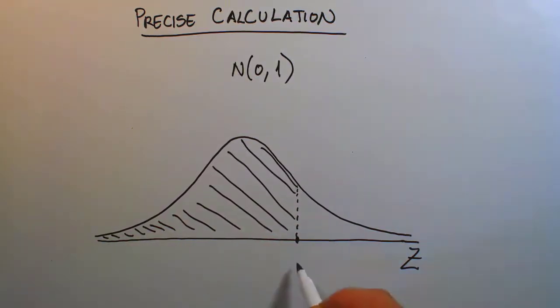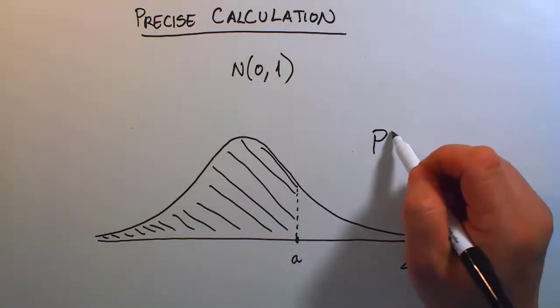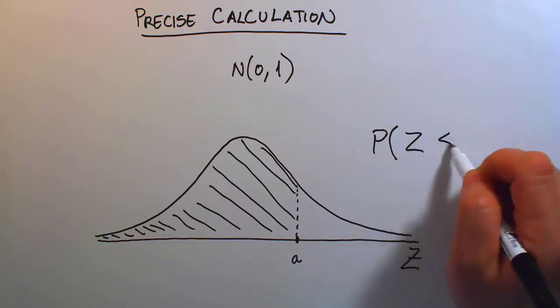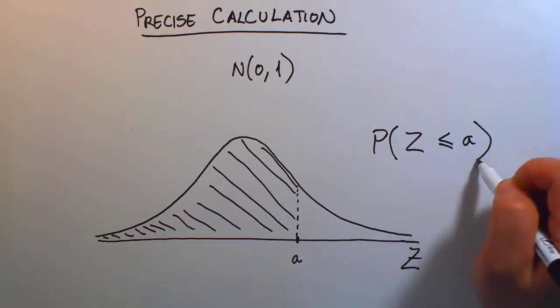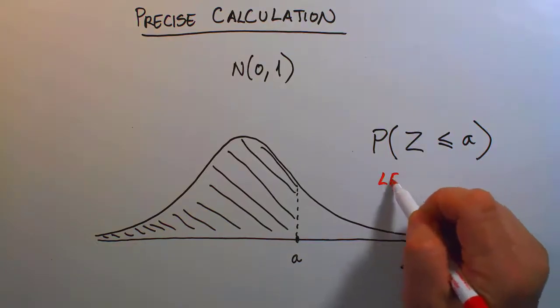Let's call this value some z-score a right here. This shaded area is symbolically written as the probability that z is less than or equal to a. That's why I call it the left area method.